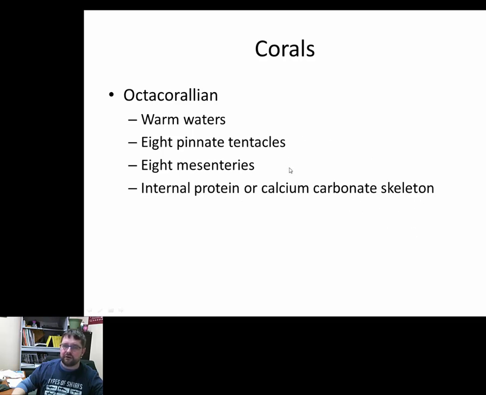Sometimes it's on the outside, but a lot of times it'll be on the inside of the organism. So you're starting to go from an external structure to an internal skeleton made out of similar material. Sometimes it's protein based, but a lot of times it's calcium carbonate based. But that allows them to have that rigidity. And you'll see what I'm talking about when I show you some pictures.